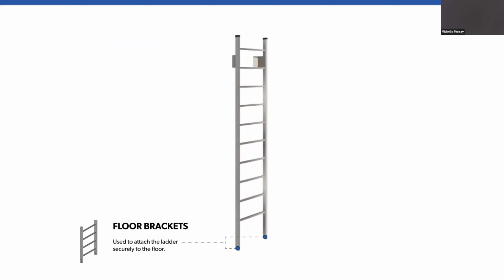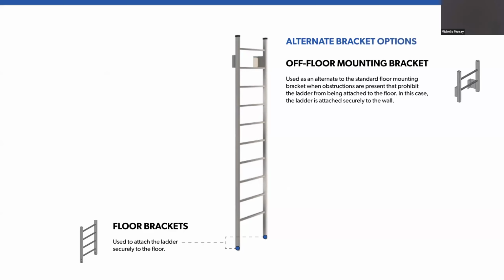Both fixed access and cage ladders can be specified with a number of options that further improve safety as well as the ability to perform certain tasks. These options can include floor-mounted brackets as a standard. Off-floor mounting brackets can be used when obstructions are present that prohibit the ladder from being attached to the floor.